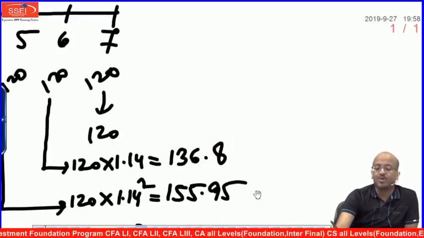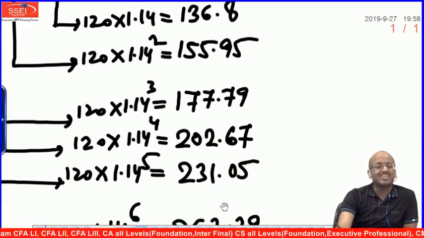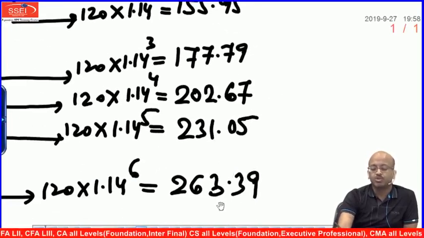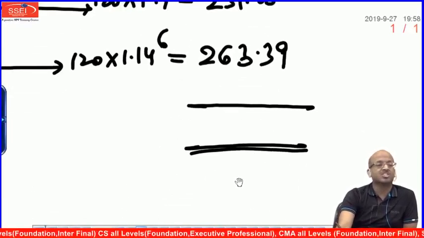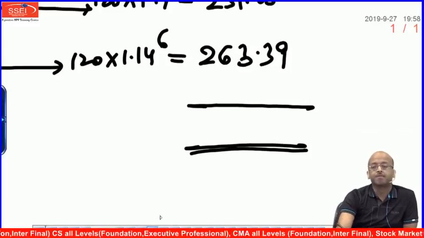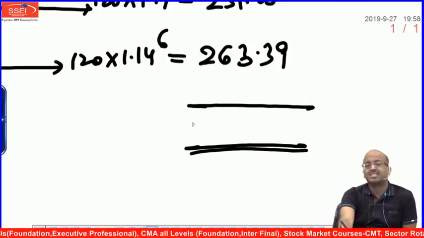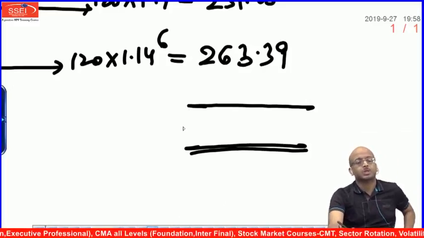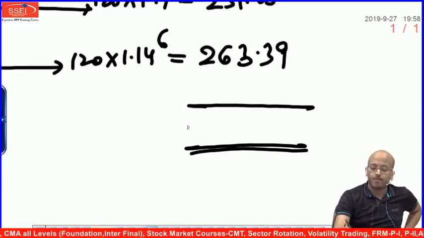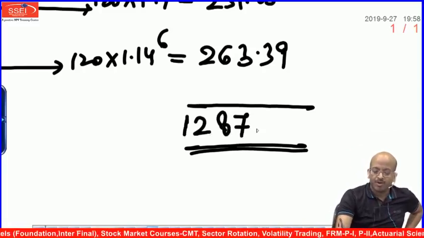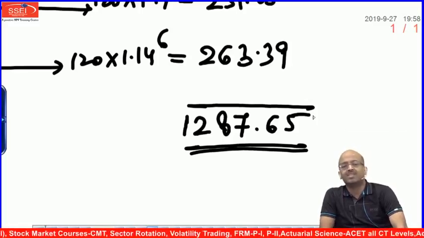So 120 plus 136.8 plus 155.95 plus 177.79 plus 202.67 plus 231.05 plus 263.39. What is it? Can I have it from you? 1287.65.